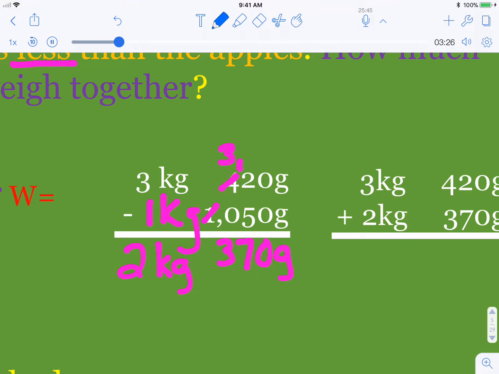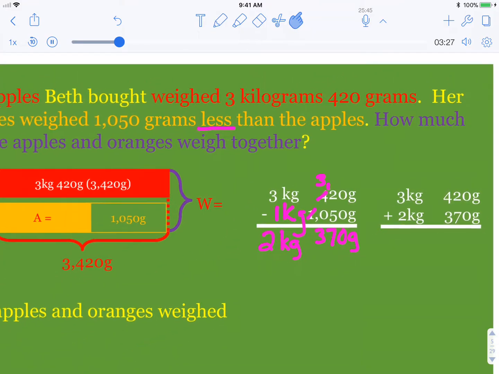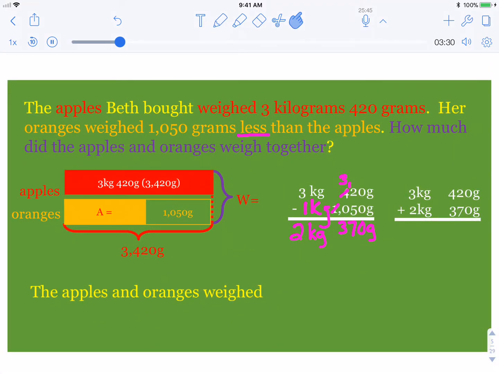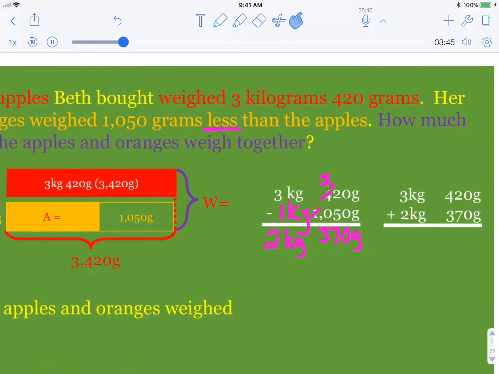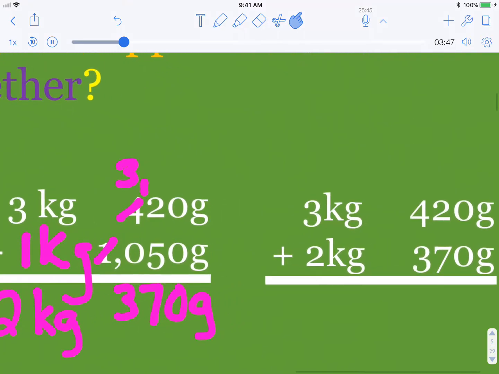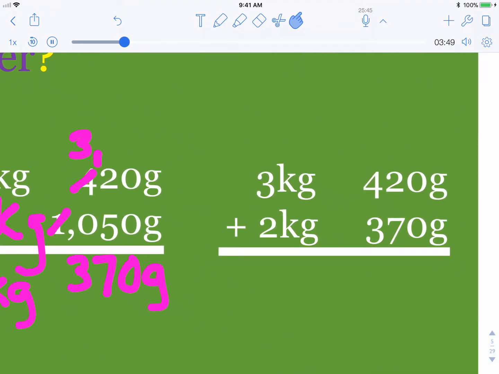But the question isn't how much did the oranges weigh? The question is, how much did the apples and oranges weigh together? So now we're going to take our apples, which are 3 kilograms, 420 grams, plus 2 kilograms, 370 grams. That's how heavy our oranges were.